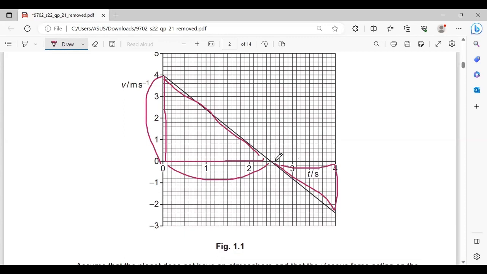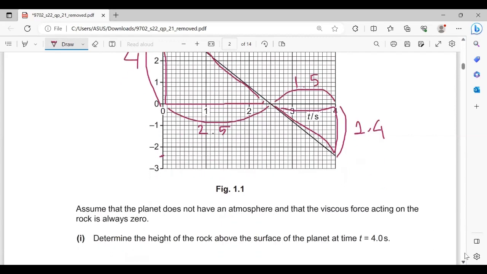For the second triangle, the base is 1.5 and the height, I think, is negative 2.4 or 2.4. Okay, let's recalculate. This is 2.4, this is 1.5, this is 2.5, and this one is 4.